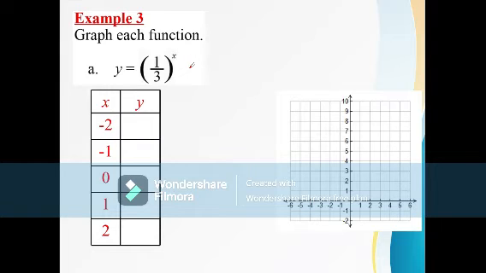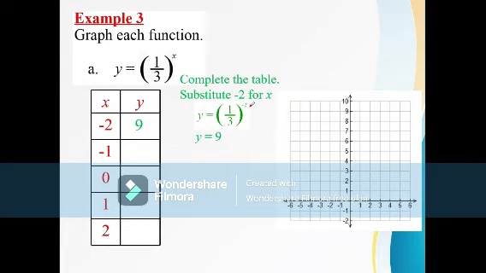Okay, that's actually a repeating but non-terminating decimal number. So if x is negative 2, what would be the value of y? So we have here, complete the table, substitute negative 2 for x. So we will have y is equal to the quantity of 1/3 raised to the power of negative 2. Remember, this is the same as 3 squared.